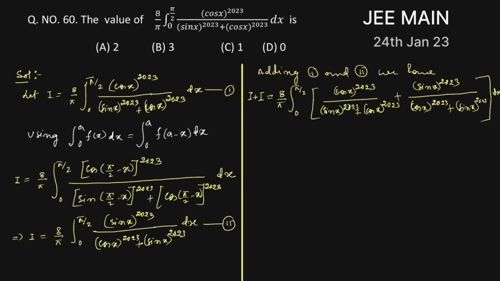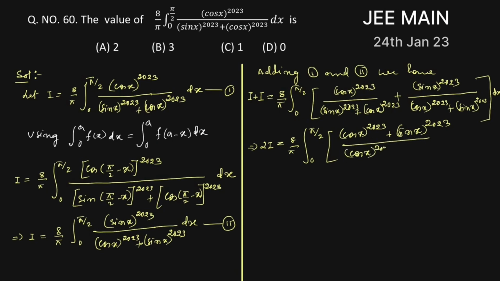whole dx. So this implies that we will get 2I equal to 8 by pi integration of 0 to pi by 2 of cos x to power 2023 plus sin x to power 2023 divided by cos x to power 2023 plus sin x to power 2023 whole dx.